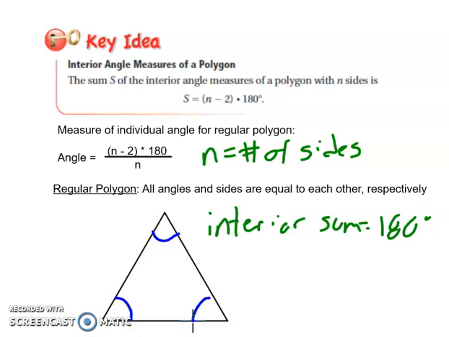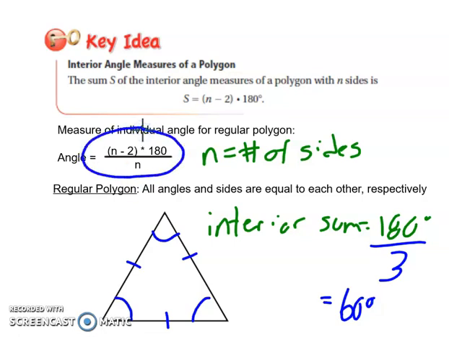Well, there's 3. So in order to find that, I would do 180 and divide it by 3. Notice how we have 3 sides, 1, 2, and 3. So we get 60 degrees for each. So that's why we're going to be dividing by the number of sides if I want to find one specific angle. We take that total sum and then divide it by the number of sides, and that's how we get this formula.